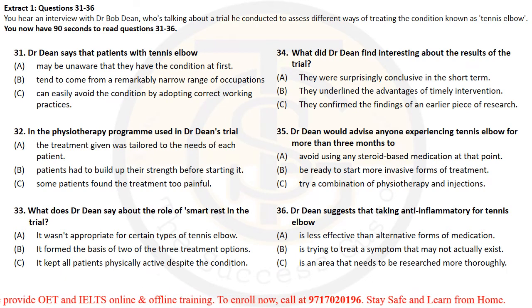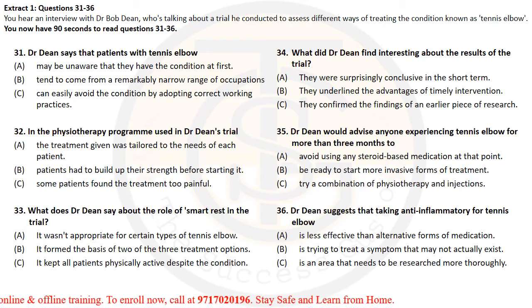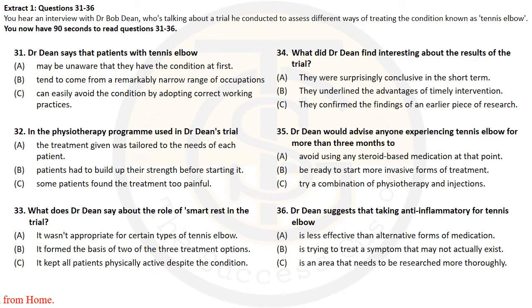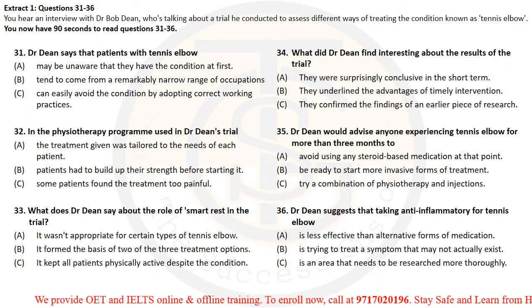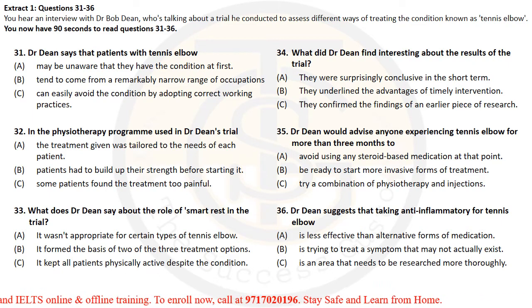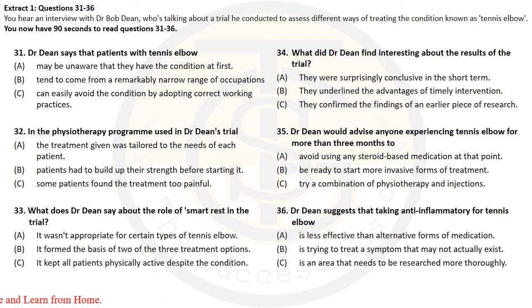And I understand that complete rest wasn't seen as an option. Instead, you described something called smart rest? Resting's an interesting thing. Immobilizing the arm in a sling is probably the worst thing anyone with tennis elbow can do. In fact, resting most musculoskeletal pain isn't good. What we advocate is something called smart rest, and what this means is being as lively, as dynamic as possible, but not hurting the elbow.